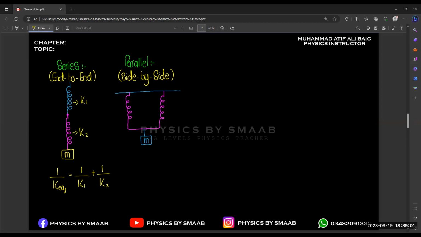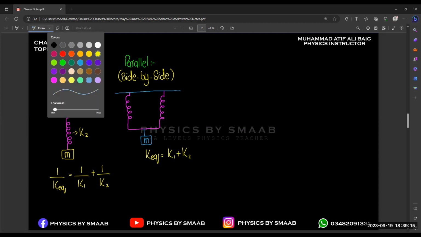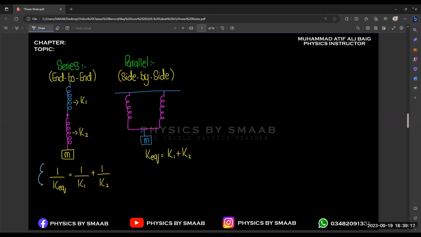And in parallel combination, you just need to add the spring constants for both springs: k1 plus k2. Clear? Any confusion?